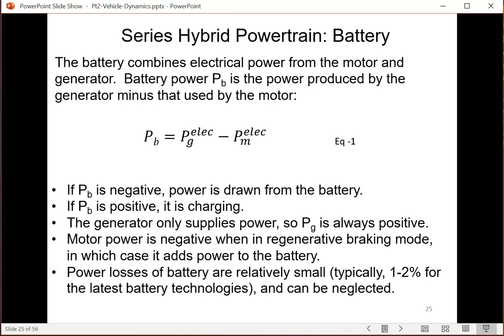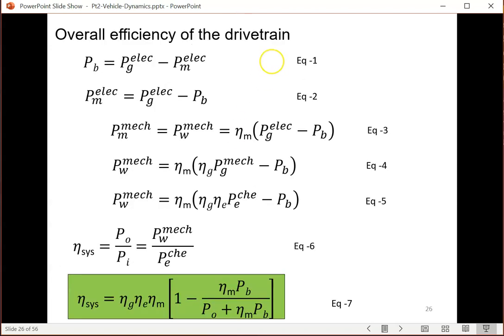We can also work out the overall power, or overall efficiency, of the system. Now, I copied all the equations down from previous pages. So the battery power equals the electrical power of the generator minus the electrical power of the motor. That's equation number 1. The electrical power of the motor therefore equals the electrical power of the generator minus PB.